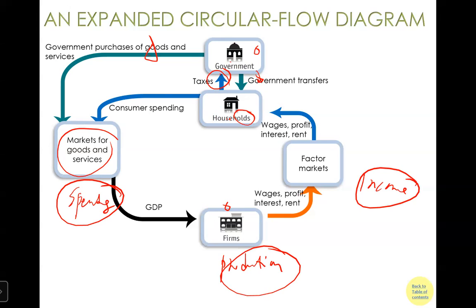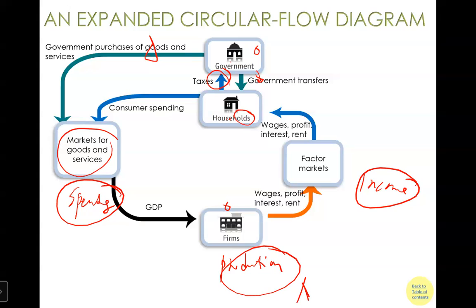Does the introduction of government change the way we look at production? Not really, right? Except the government has their own production. But when you simplify, usually we just say the government purchases goods and services. So there's no impact on production.